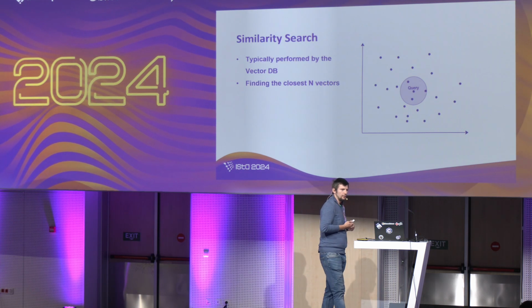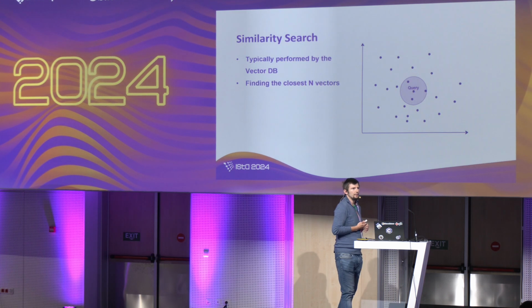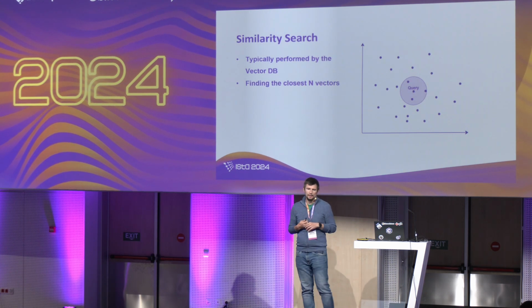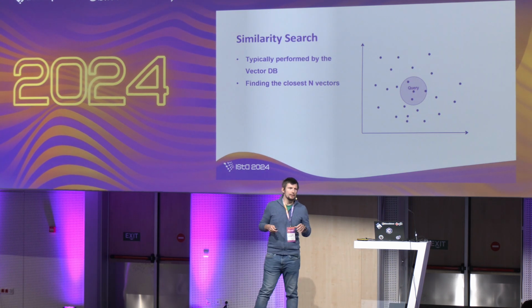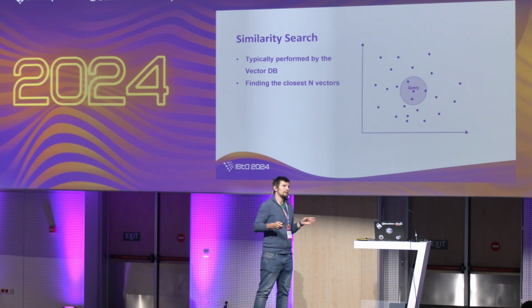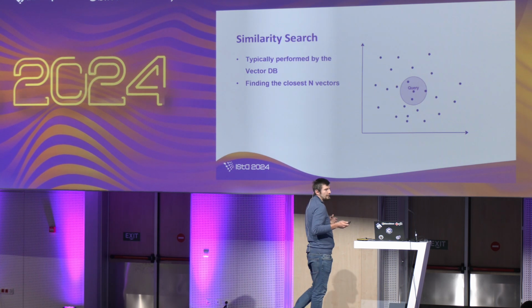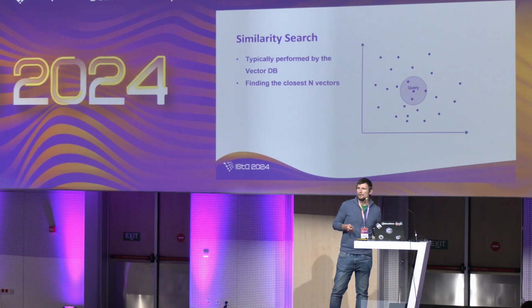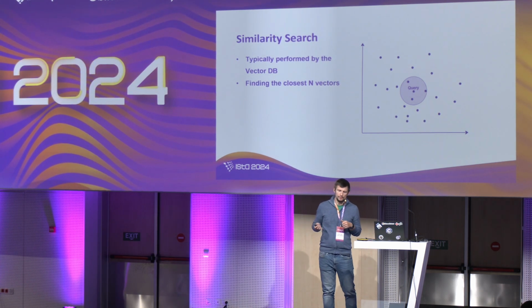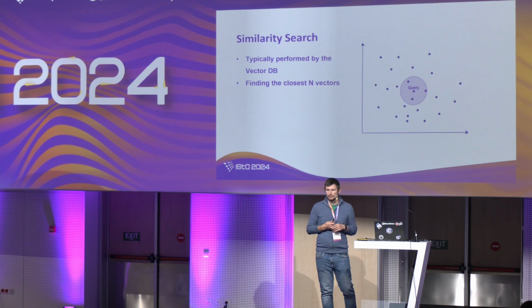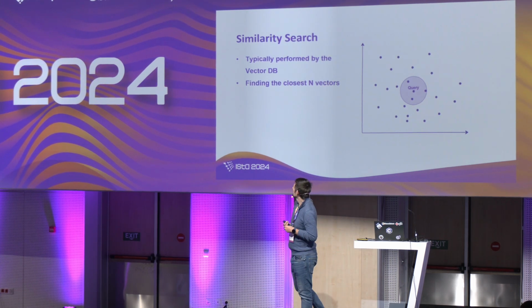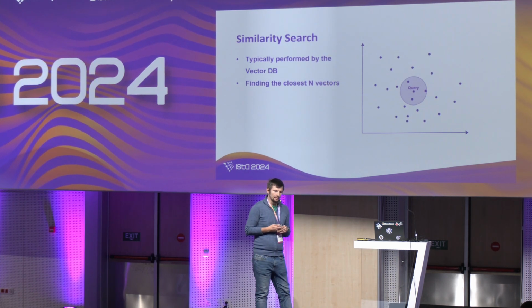The similarity search is typically performed in the vector databases, and it compares the different numbers in the vectors using simple mathematical calculations, and it can return the most similar chunks of information from this vector database.